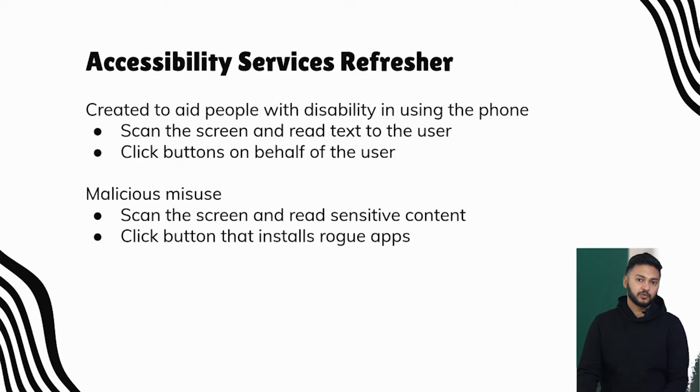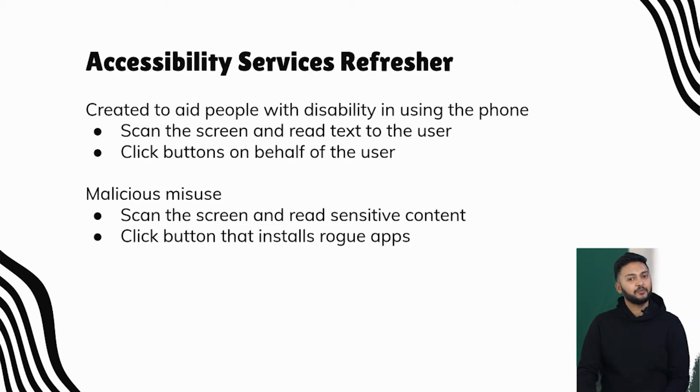Two examples of what an application with this privilege can do is, it can scan the screen and identify sensitive content and read that sensitive content to the user. Another example is that it can click on buttons on behalf of the user.